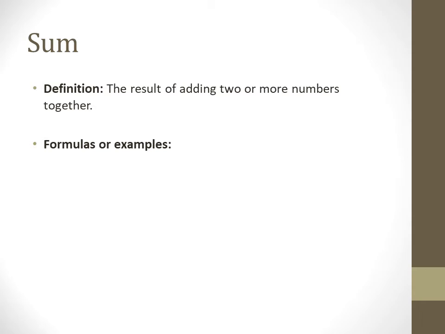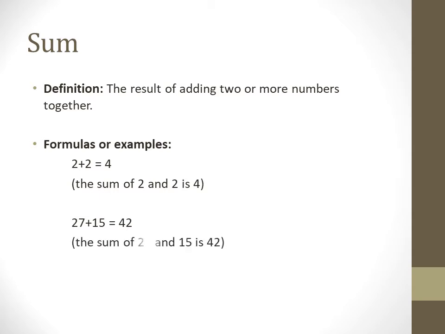The sum. A sum is the result of adding two or more numbers together. 2 plus 2 equals 4. All right? The idea here is that the sum of 2 and 2 is 4. 27 plus 15 equals 42.